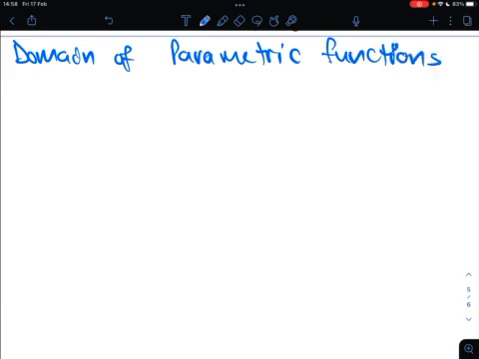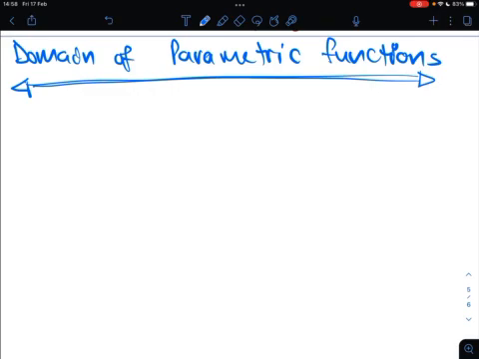Is it possible to find domains of such parametric functions? That's what we are going to look at right now. How exactly can one go about finding domains of such functions? So let's look at domain. Let's first start with 2D and see what we can say.